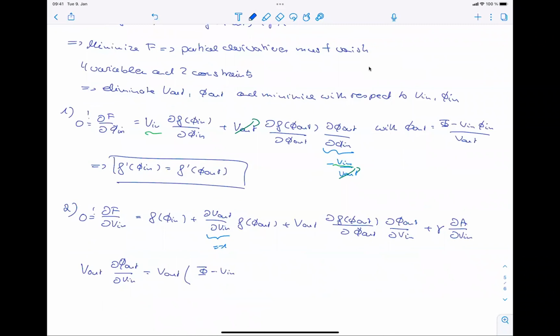So we have, copying down the denominator, and then we have a minus V_out squared, dV_out/dV_in, and minus, and that's this derivative, V_in phi_in, sorry, phi_in V_out.